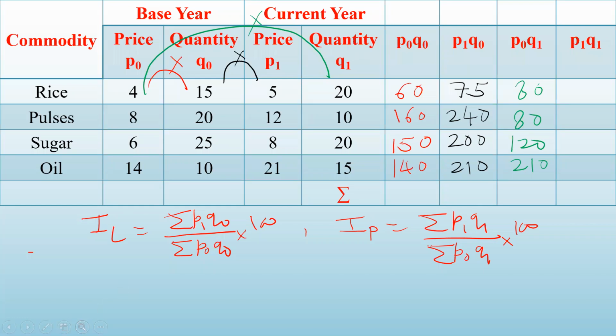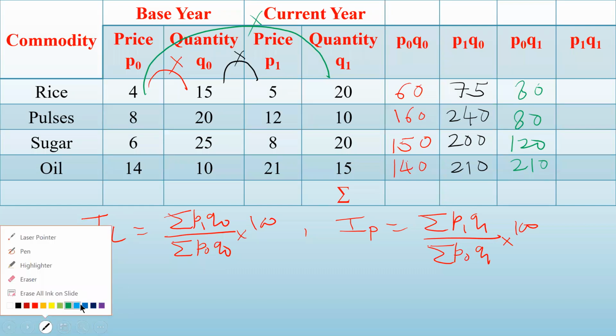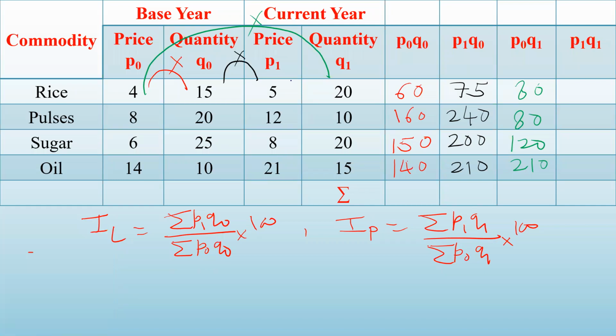Then P1 Q1. P1 Q1 means these 2 columns. So 5 into 20, that will give me 100. 12 into 10 will give me 120.